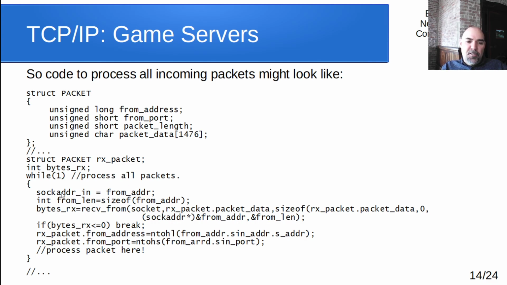So essentially, I'm going to set up this sockaddr_in that's going to receive things from whoever is going to connect to us. And when that data actually comes in, we're going to stick it into that packet data.